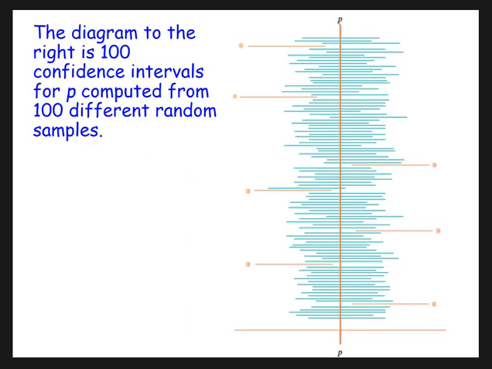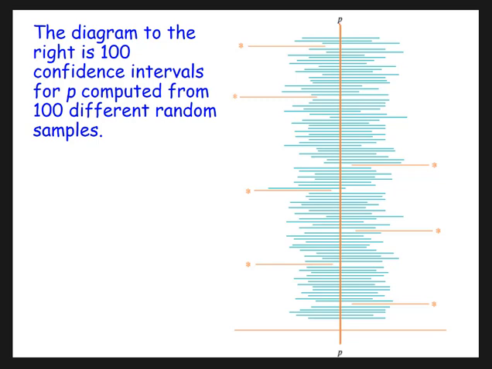So here, if we take several samples and we create the confidence interval about the sample proportion of those samples, we see that 95% of them contain the true population proportion. If we made 100 of them, 95 out of the 100 would contain it.